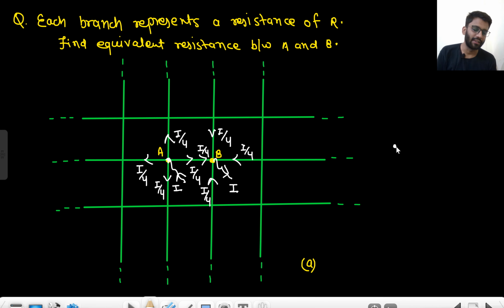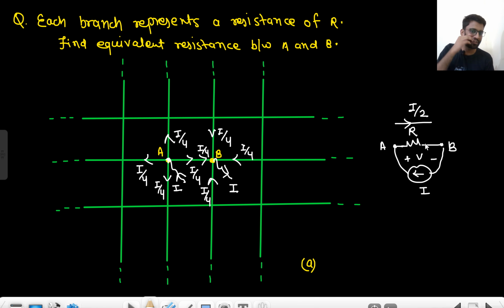So between A and B we have a resistance where I by 4 plus I by 4, that is I by 2 current, is there. And we have a current source across it of I with voltage V.